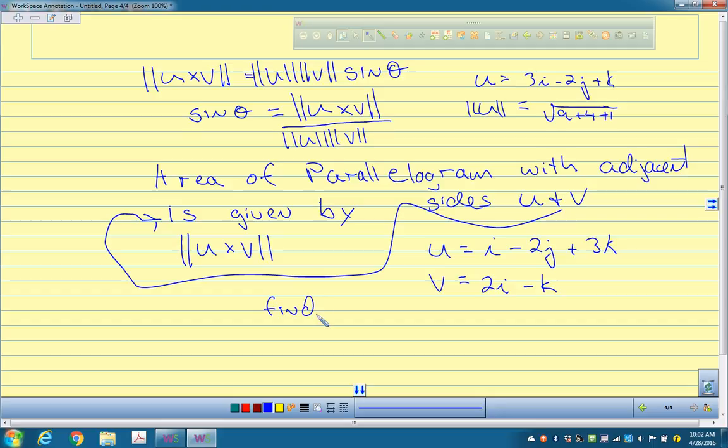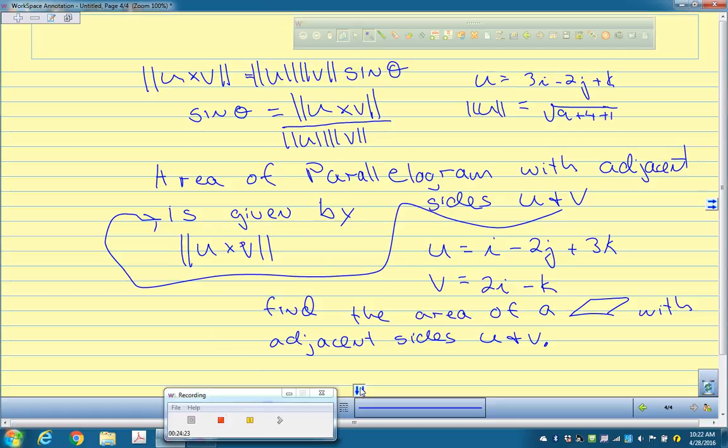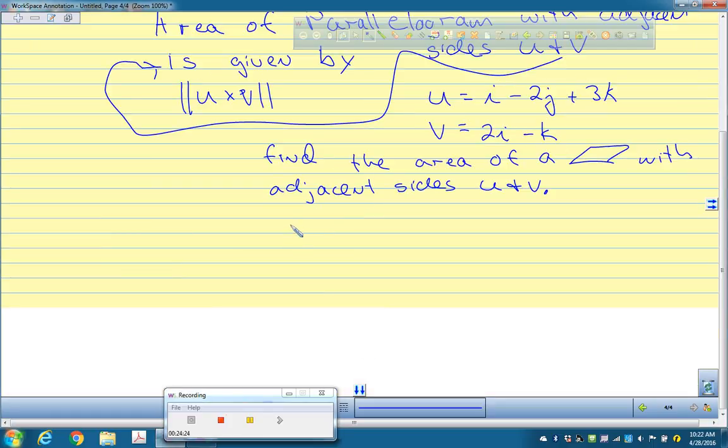Find the area of a parallelogram. I'm going to draw a picture of a parallelogram. I could do that pretty well. Of a parallelogram with adjacent sides U and V. Okay? You guys are going to try to do this right now. Real quick, I'll go real quick. Yeah, I will give you a Tootsie Pop.